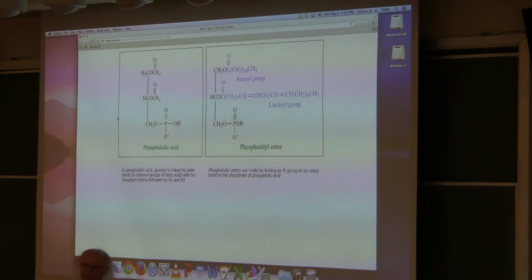Feedback inhibition occurs when the end product of a pathway binds to an enzyme at the beginning of the pathway and shuts it off. Or I shouldn't say it actually does shut it off, that's the inhibition part. Okay? So that's what feedback inhibition is.